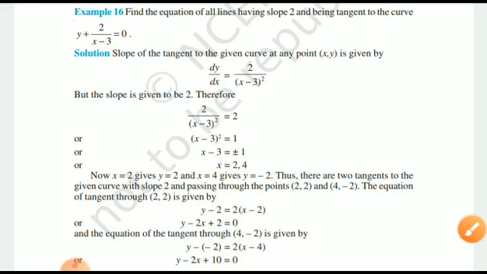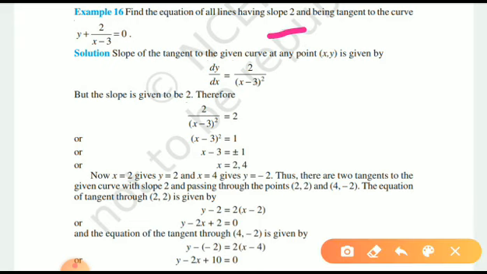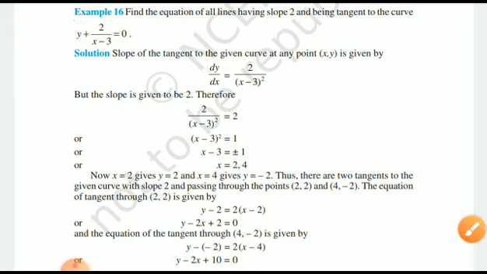What is f'(x₀)? The slope is given to be 2. So it will be y - 2 = 2(x - 2).